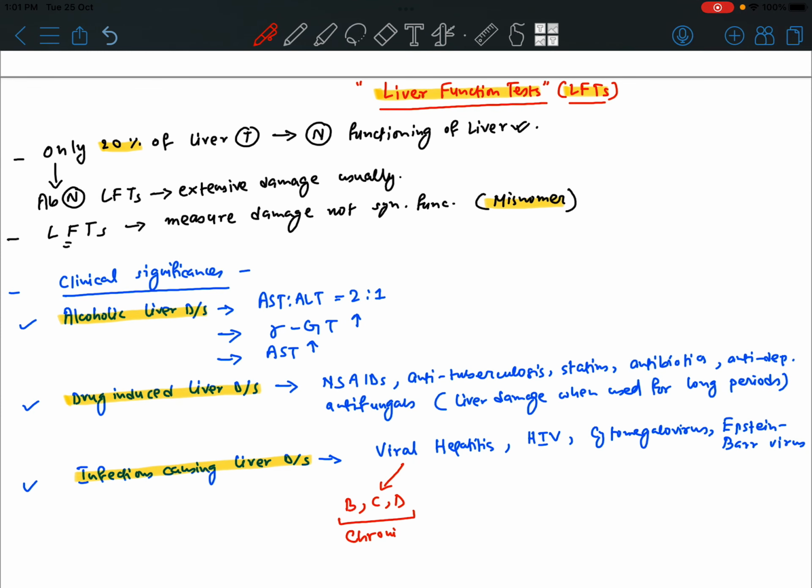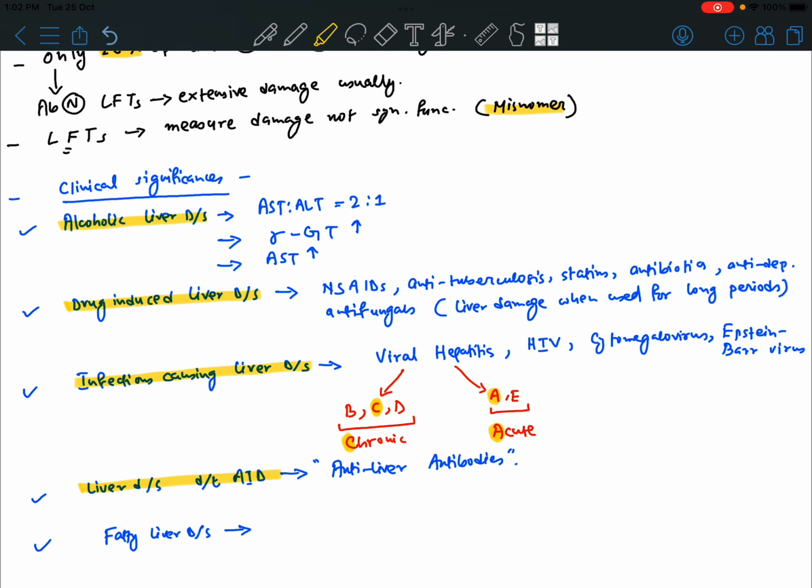The last one is fatty liver disease. This is also known as non-alcoholic steatohepatitis.